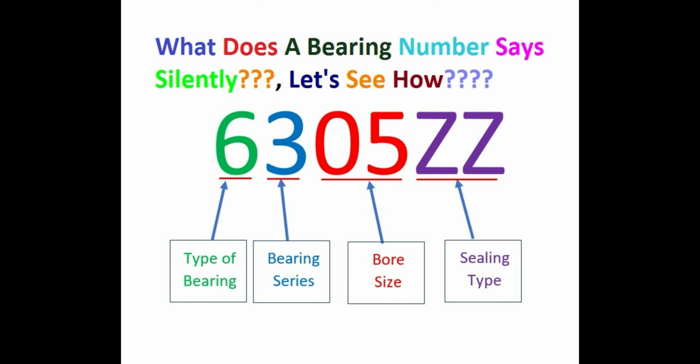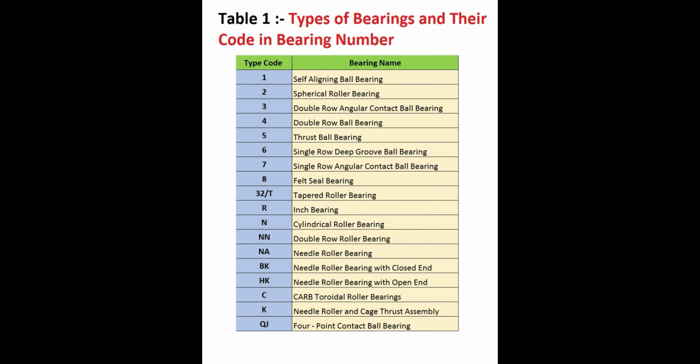Types of bearings and their code in bearing number. In this table, the first column is type code, the second column is bearing name.